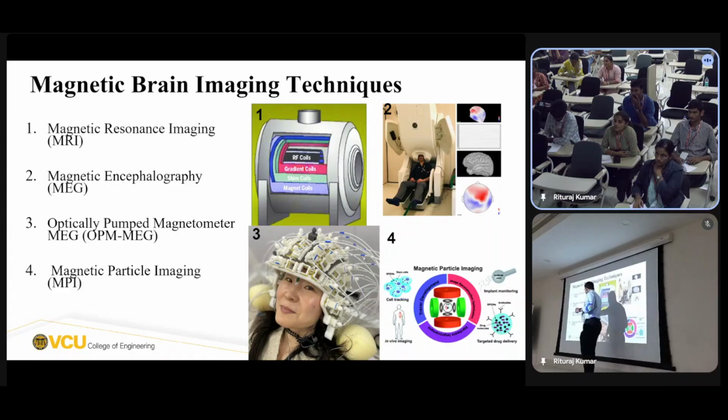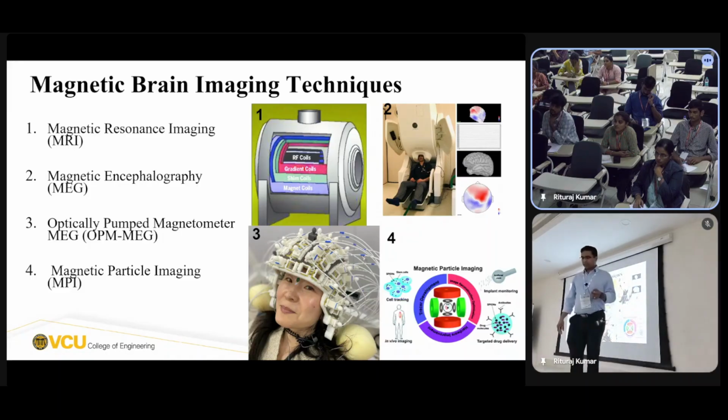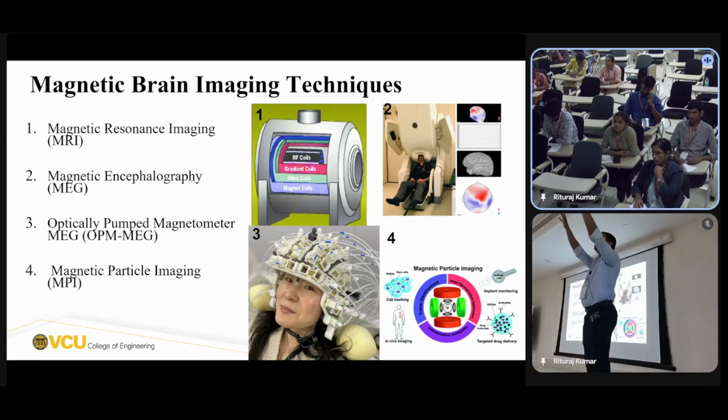Both are still under research. This is very expensive. You need $10 million to set it up. MRI is $1 or $2 million to set up, because it has a 3 to 5 Tesla magnetic field in a large size so that your body can go in.